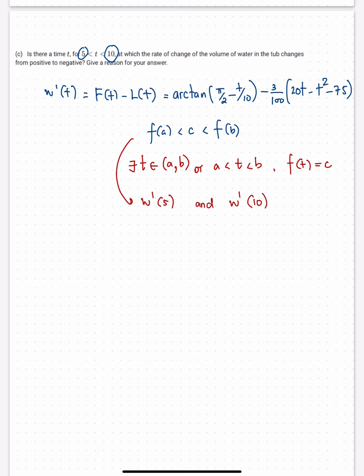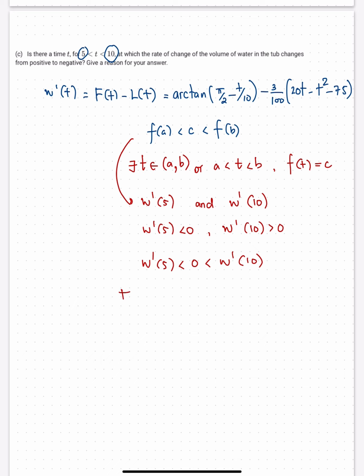If you find them, you will get w prime of 5 negative and w prime of 10 positive. For this question, you can just plug in by yourself. I'm sorry for not doing it for you, because I have to choose calculator, so I cannot use it on my iPad right now. So we can consider w prime of 5 is less than 0 and less than w prime of 10.